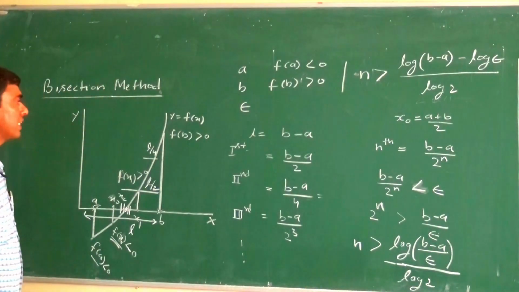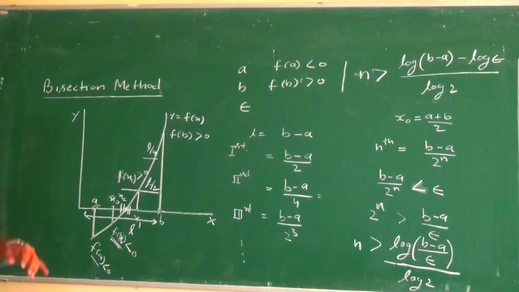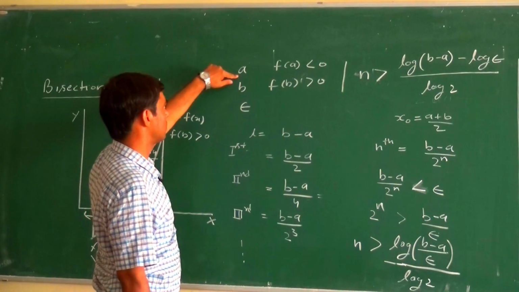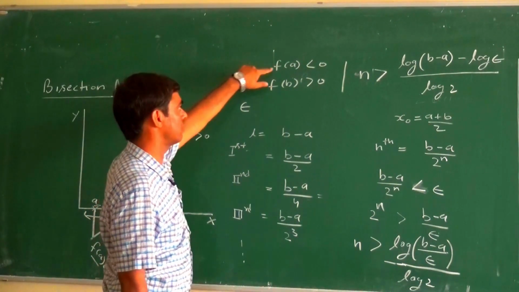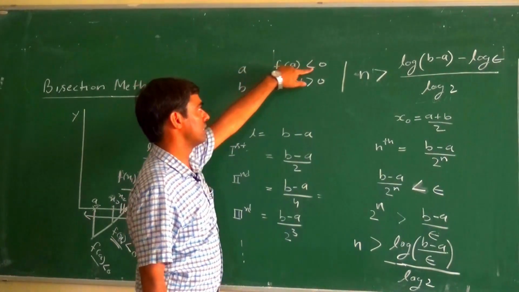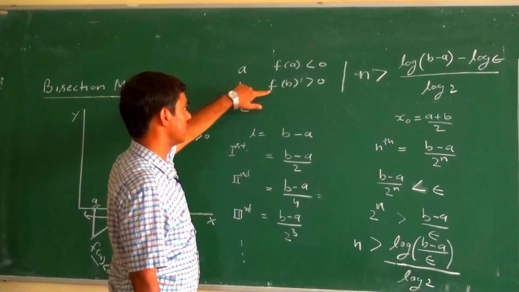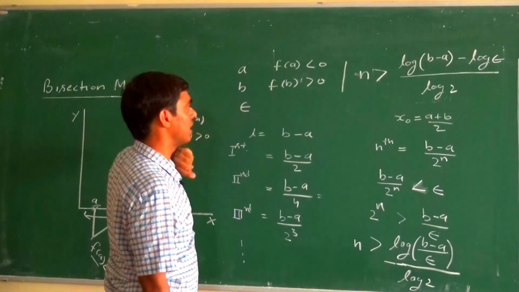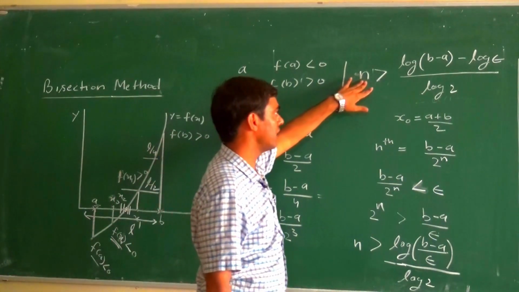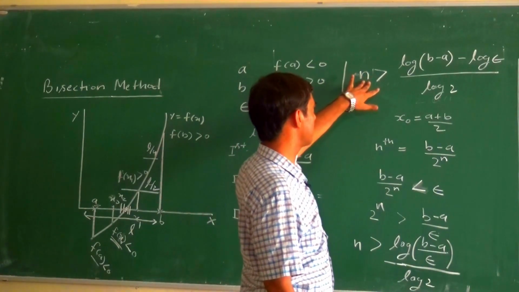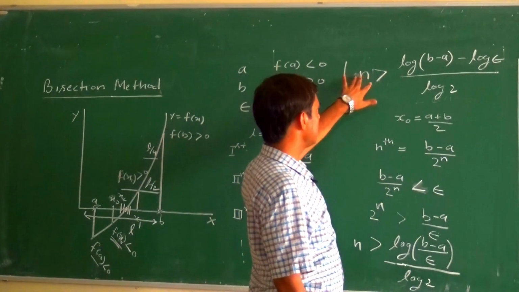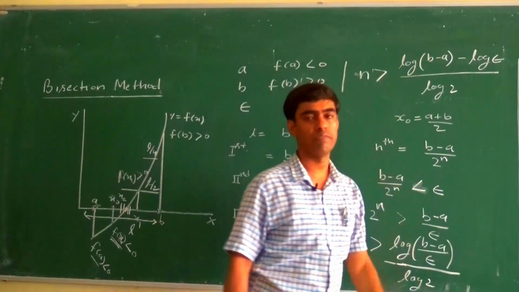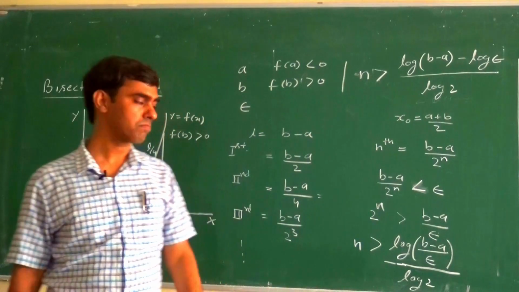So to solve a numerical example, we require 3 values: a value where the function is negative, another value where the function is positive, and EPS, the desired level of accuracy. Then we perform more than n iterations, and we calculate n with the help of this expression.